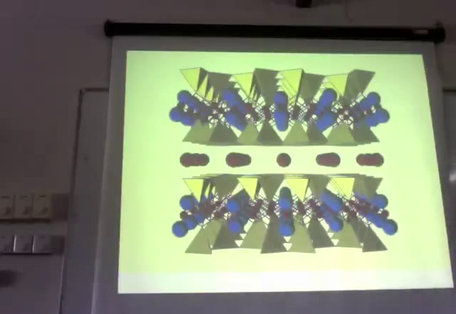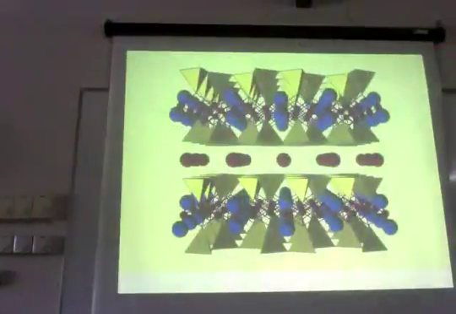The interesting thing is the phlogopite is formed at higher temperatures, whereas the annite is formed at lower temperatures. And you can see this also in thin section, because the phlogopite is brownish in thin section, whereas the annite is greenish.